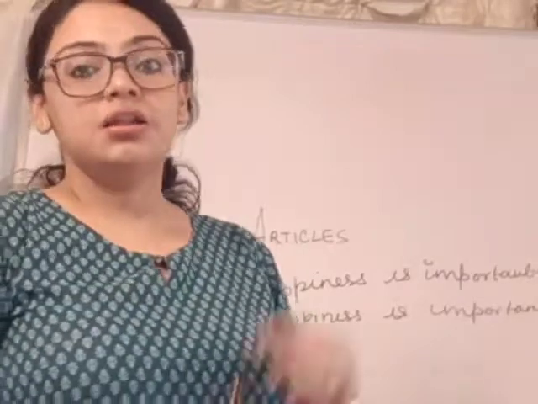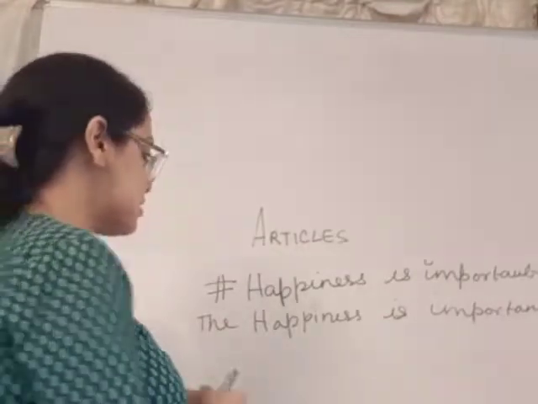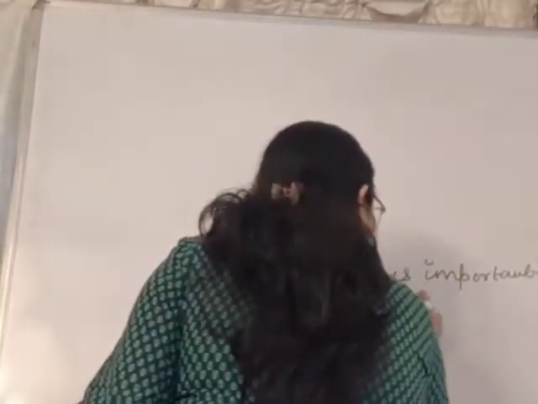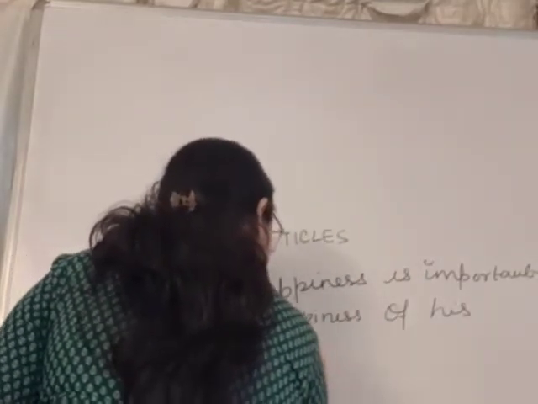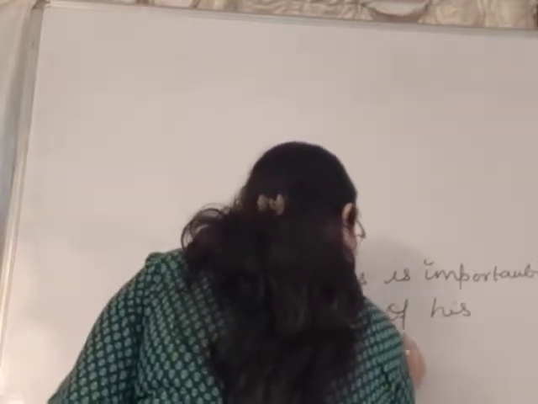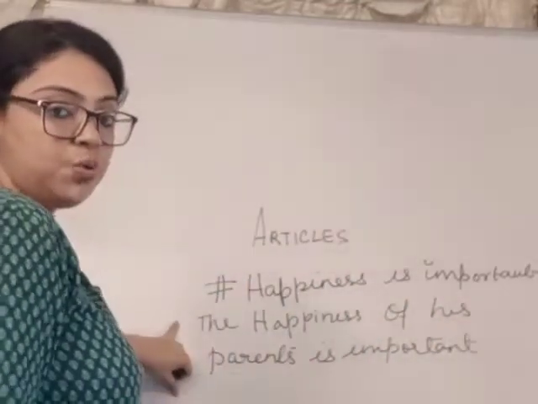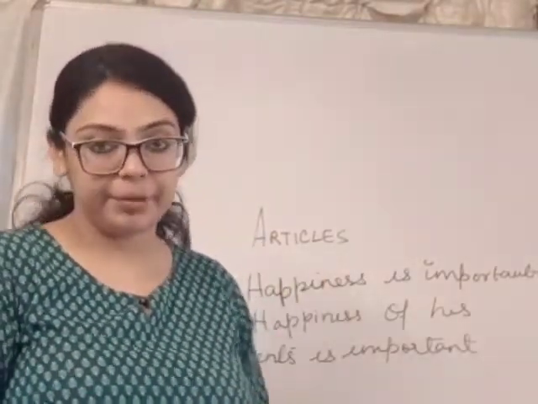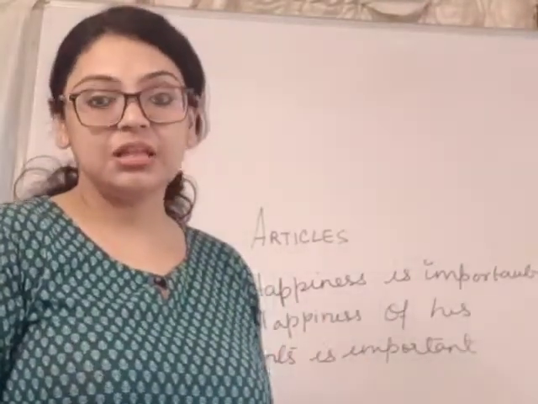Now, if you modify the second sentence a little bit, then you can use the: the happiness of his parents is important. Here you are talking about one specific happiness. The happiness of his parents is important for him. So in such sentences, you definitely can use the.